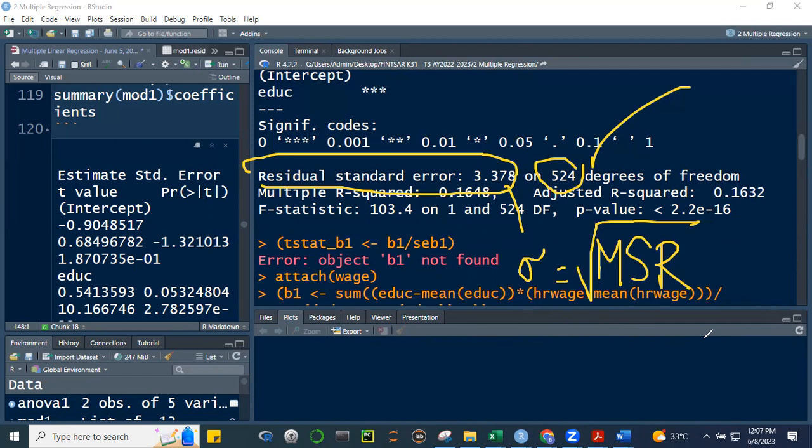Okay, please look at the F natin, ANOVA table. Sorry, this is MSE, residuals to, no? MSE. What is the mean square of the regressor, of the regression?